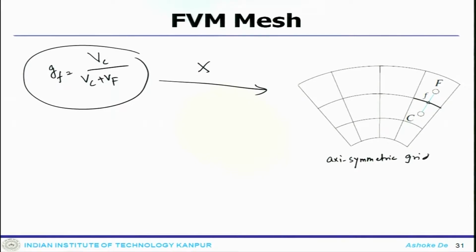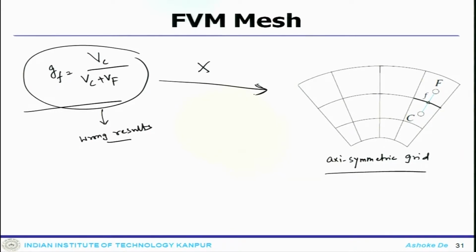This is an axisymmetric grid. When you have an axisymmetric case, this interpolation does not work at all. This can give you completely wrong results. So, whenever you use this kind of interpolation, one has to note that it is not straightforward and cannot be extended to any kind of configuration.